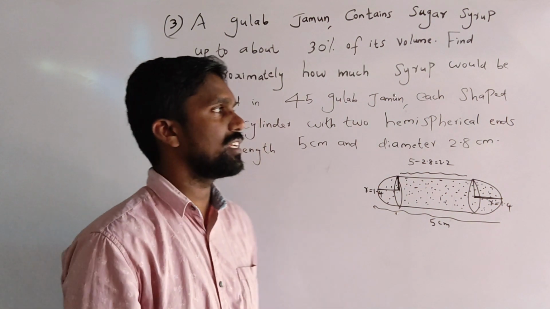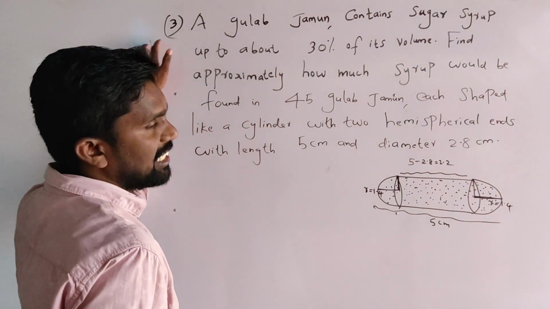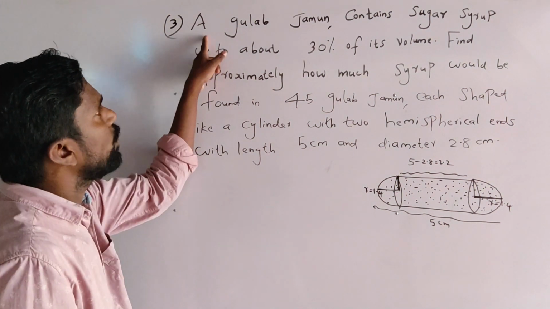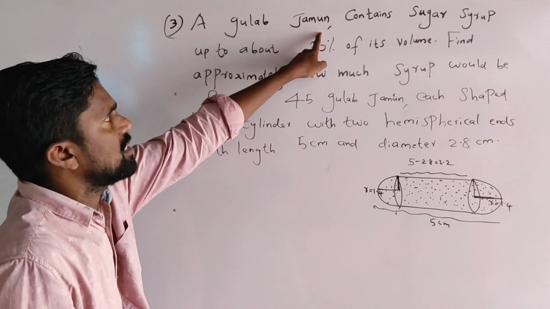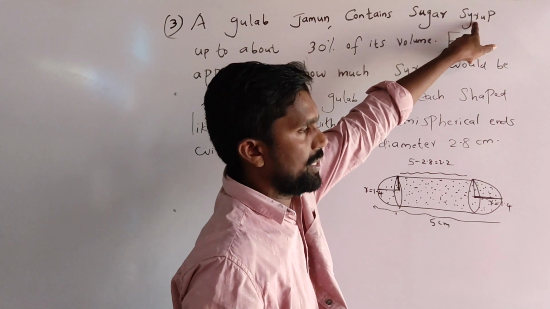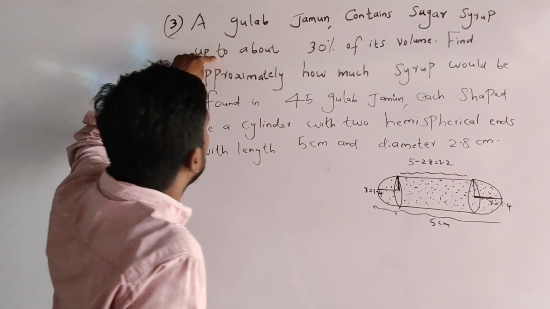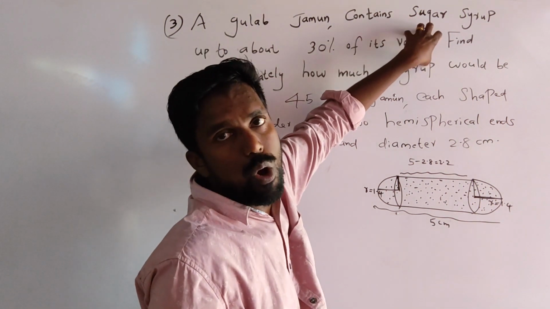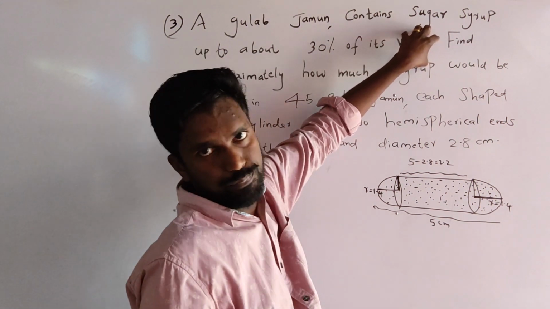Next we are going to discuss exercise 13.2, question number 3. A gulab jam contains sugar syrup up to about 30% of its volume.